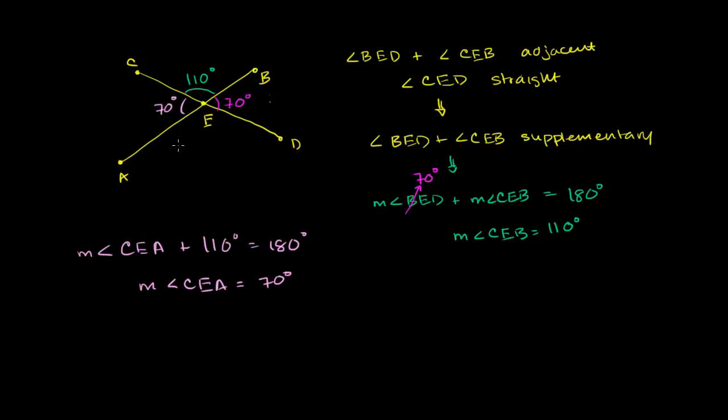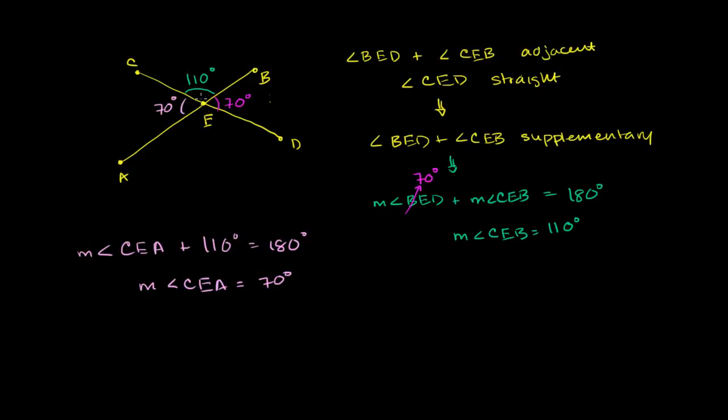And what we'll learn in the next video is that this is no coincidence. These two angles, angle CEA and angle BED, sometimes they're called opposite angles. Well, I've often called them opposite angles, but the more correct term for them is vertical angles. And we haven't proved it. We've just seen a special case here where these vertical angles are equal, but it actually turns out that vertical angles are always equal.